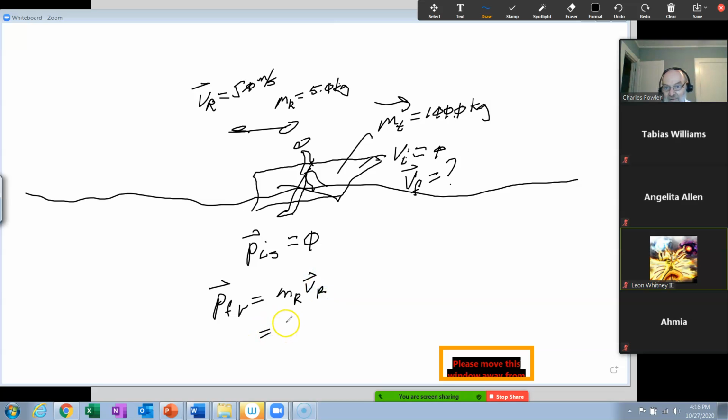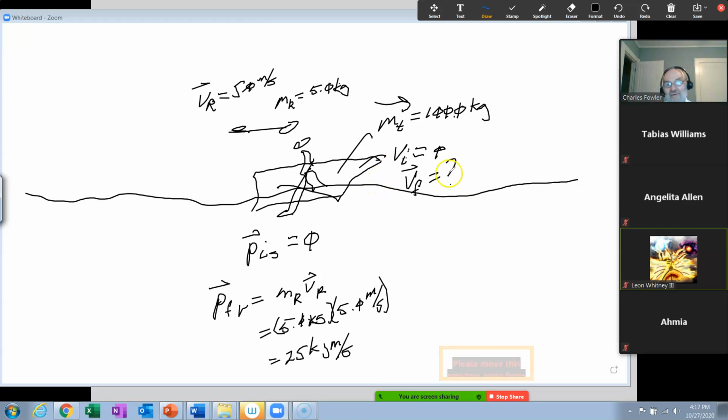Okay, mass of the rock was 5.0 kilogram times velocity of the rock, once she threw it, was 5.0 meters per second. So now the momentum of the rock at the end was 25 kilogram meter per second. Multiply the numbers, multiply the units. Now you don't put a 0.0 in there because you only have 2 significant digits here, 2 there. Don't put a decimal in anything else.